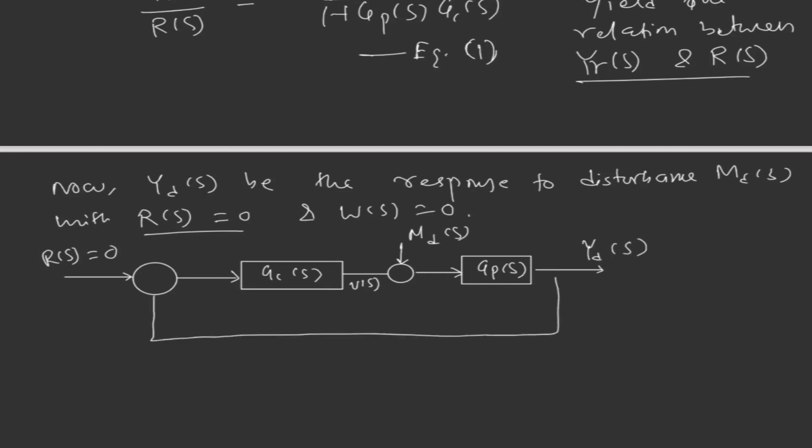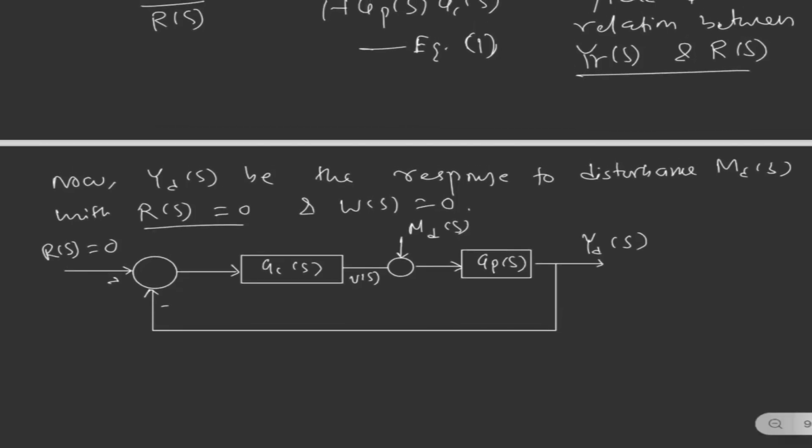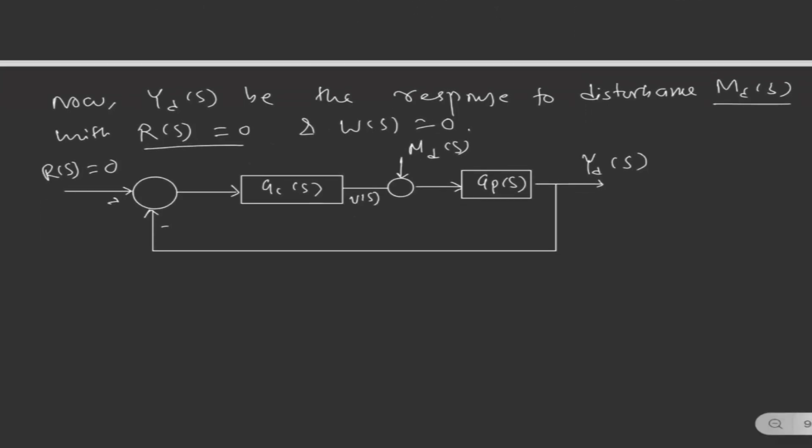We are also assuming unity feedback with W(s) equal to 0. So this is the closed loop transfer function when M_D(s) is only acting, and the other inputs are assumed to be 0. Let's denote this as figure number 3.